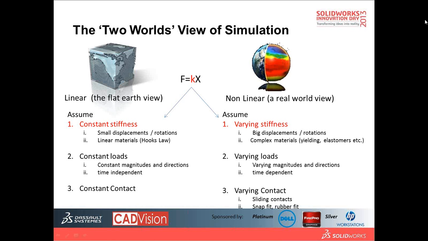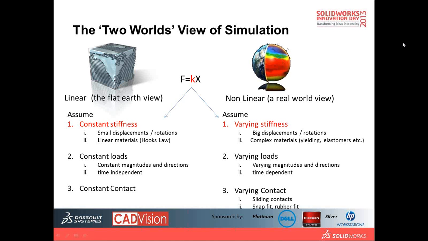The first of it is constant stiffness versus varying stiffness. Right? The stiffness could be thought of as a very strong spring having a very high stiffness, or a very weak spring having a low stiffness. Or we can think of material properties such as elastic modulus or plastic modulus, that sort of thing. Right?